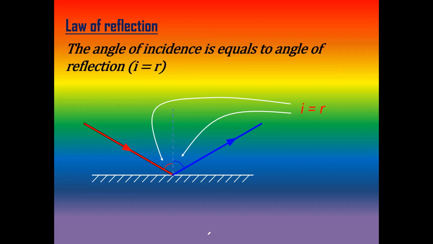So this example, this angle is 35. What will be the angle of incidence? If the angle between the incident and the surface is 35, what will be the angle of incidence?